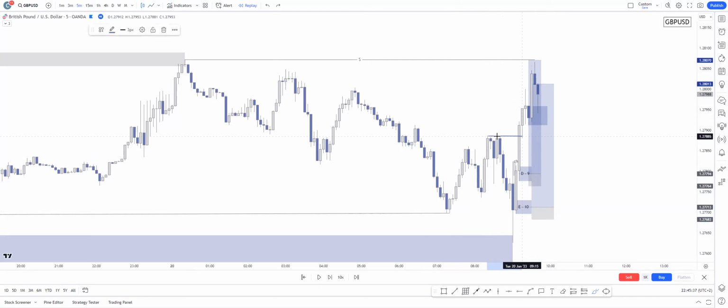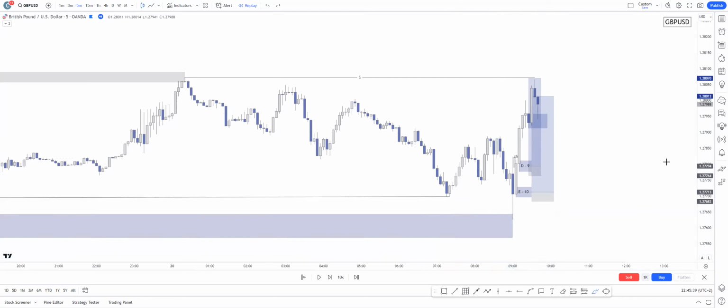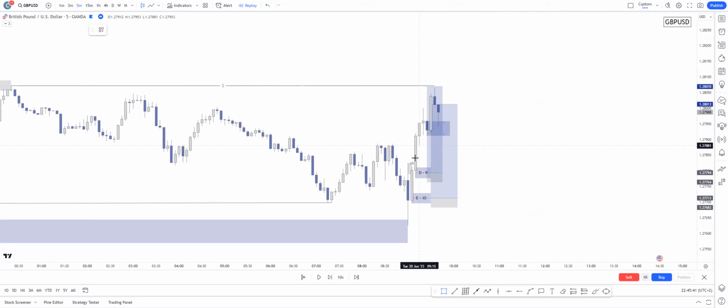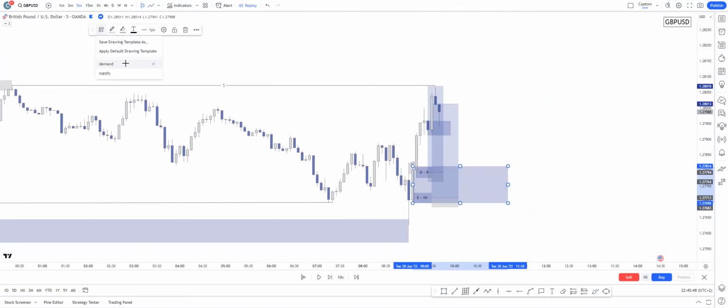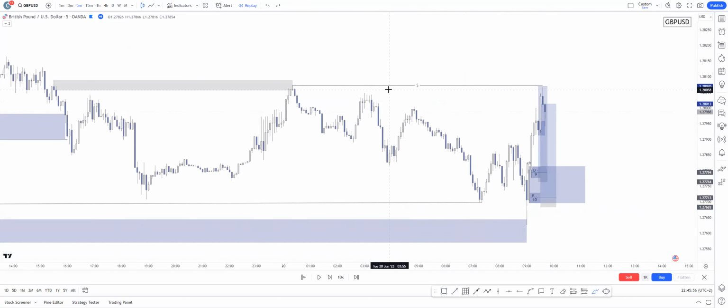So technically on the 5-minute time frame, there was a breakout structure, price left behind a newly formed 5-minute area. Here is our 5-minute demand area. And technically here is a higher 5-minute demand area that has caused another breakout structure here to the upside.